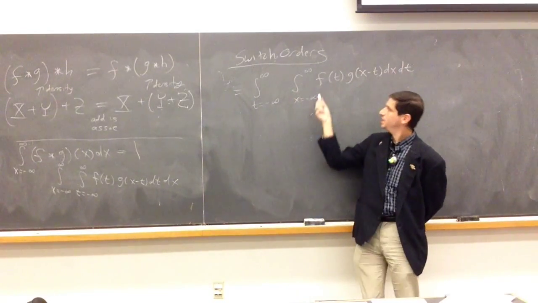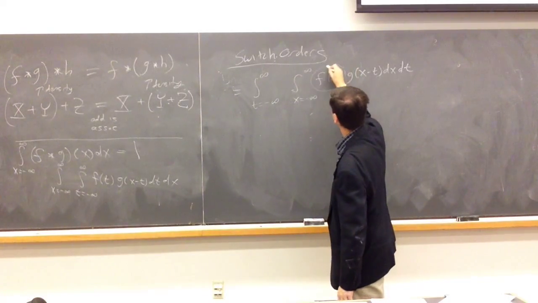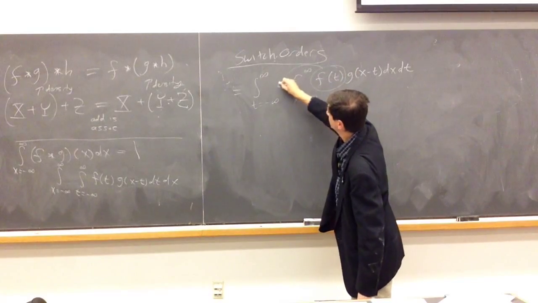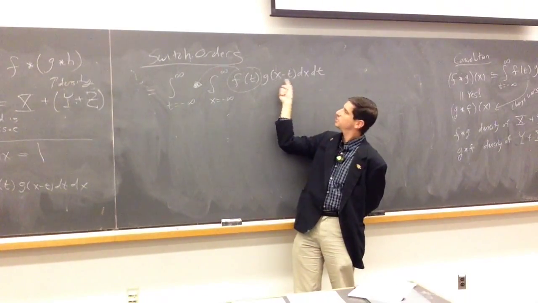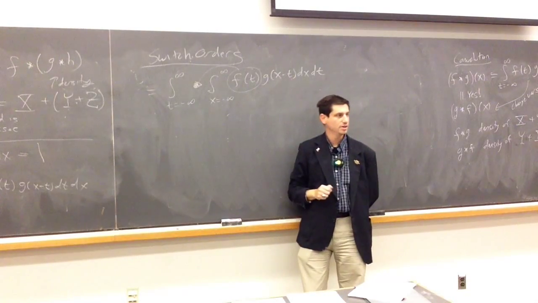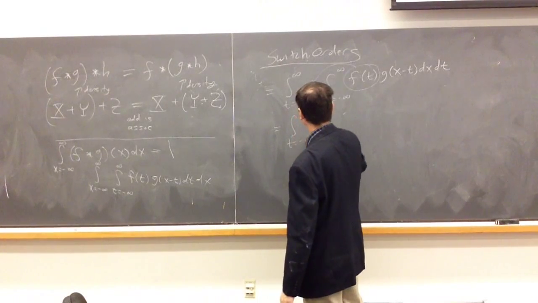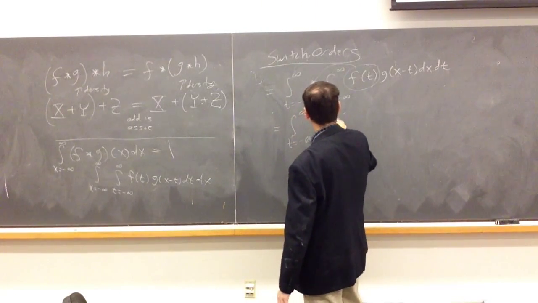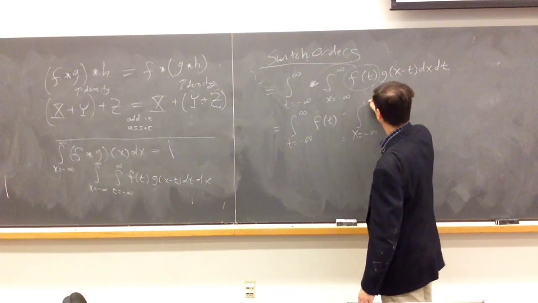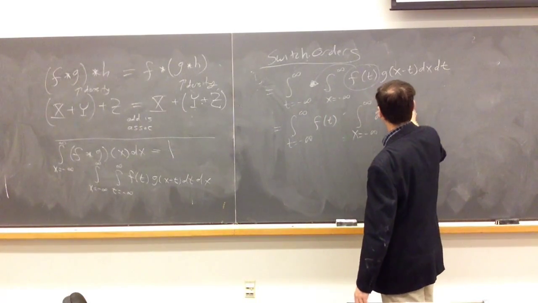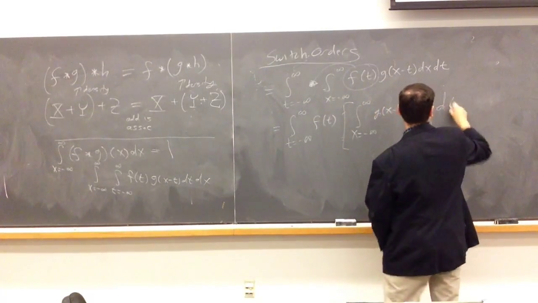The reason this is so nice is we can now pull the f of t outside the integral, and we're left with an x integral. Look at this, I've got a translation, g of x minus t. I could change variables if I wanted. This is the integral t goes from minus infinity to infinity, f of t, times the integral x goes from minus infinity to infinity, g of x minus t dx, dt.